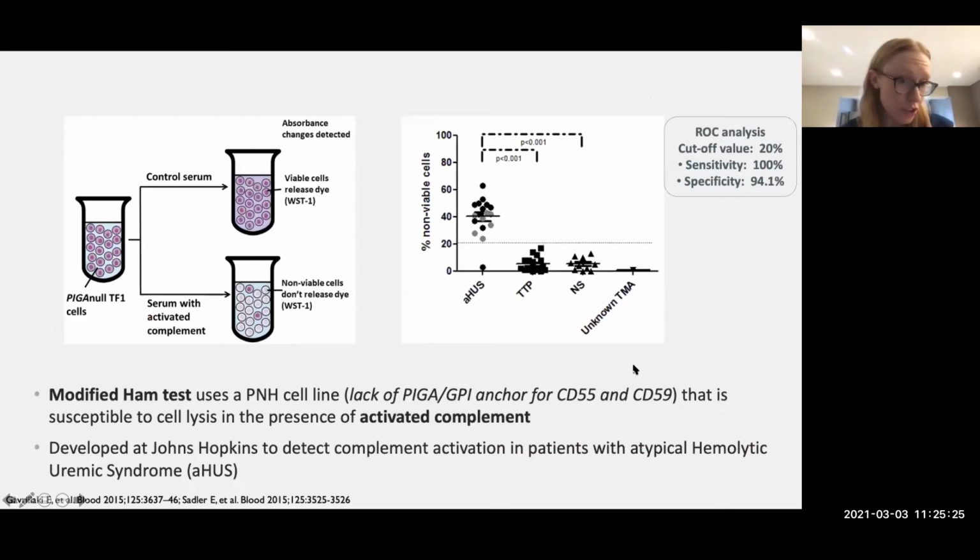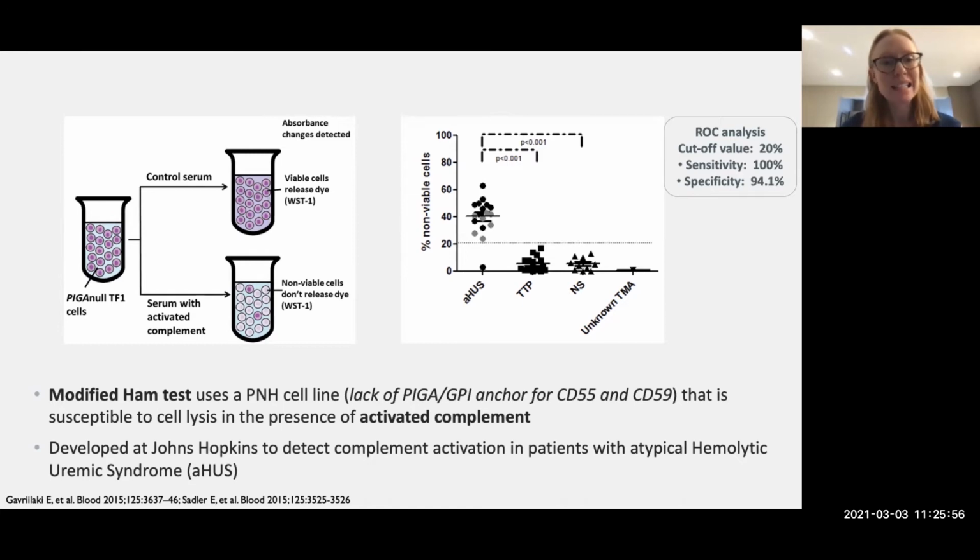So researchers, Robert Brodsky, as well as Shruti Chaturvedi at Johns Hopkins, and many others in their lab developed this specialized test called the modified Ham test. This uses a really interesting PNH cell line that lacks the PIG-A or the GPI anchor for CD55 and CD59, and so it's very susceptible to cell lysis.